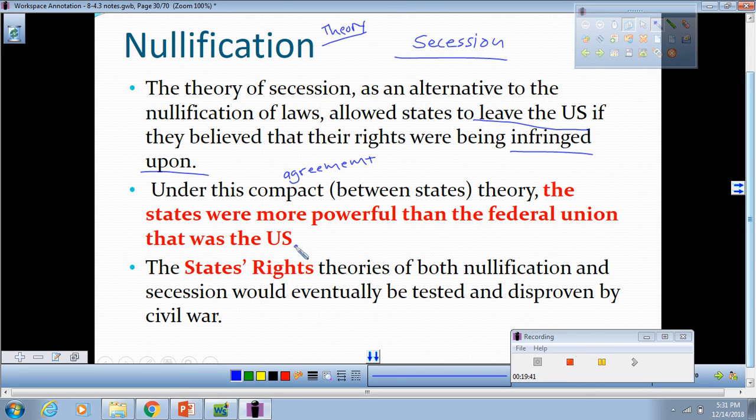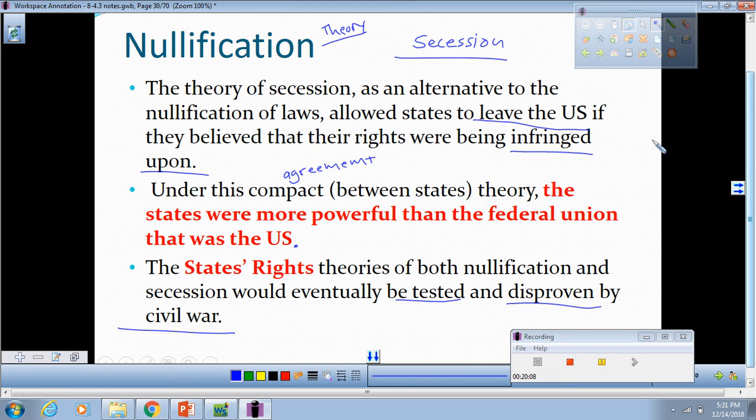Now, of course, we know that the Constitution did not intend this, but this was what South Carolina started to use as an argument against the fact that their way of life was in danger from the federal government. The states' rights theories of both nullification and secession would eventually be tested and disproven by the Civil War.